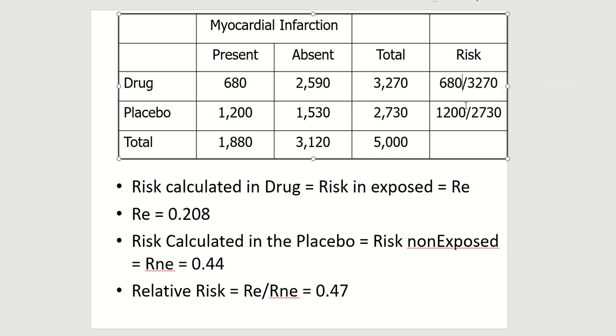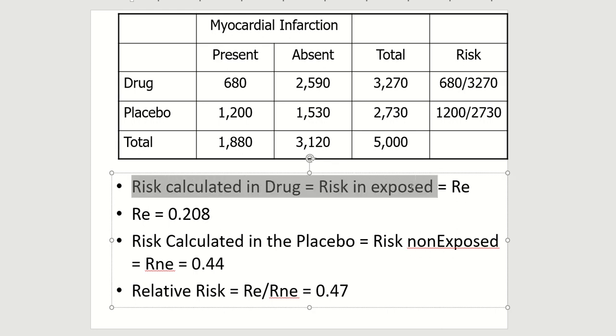Now I have two risks, the risk of those taking the medication and the risk of those not taking the medication, and now I can compare both of them. The risk calculated in the drug group, the risk in the exposed, is R with a small e next to it, to say exposed, and it comes out equal to 0.208.